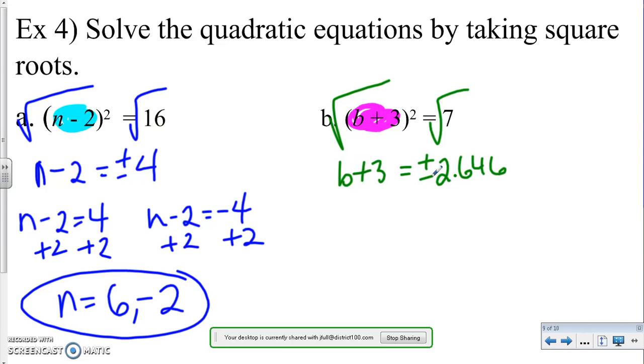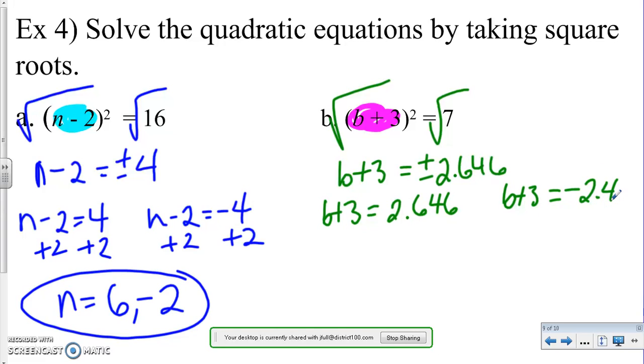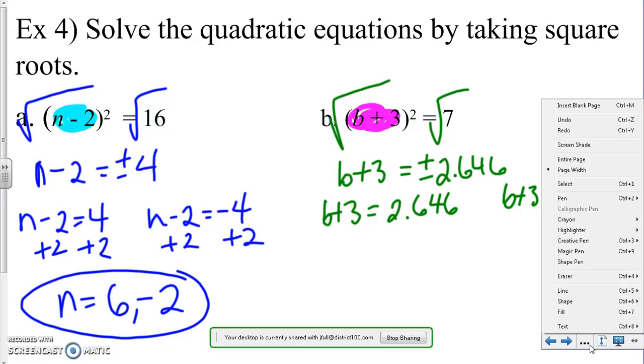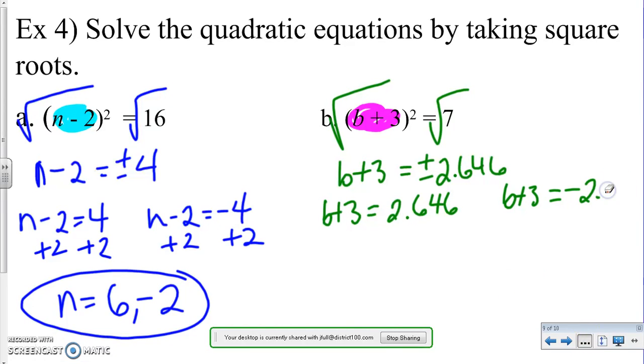Okay, so go back to that next step. We don't want to subtract 3 yet. We actually need to make this 2 equations. So b plus 3 equals positive 2.646, and b plus 3 equals negative 2.646. So we're going to subtract 3 from both sides.